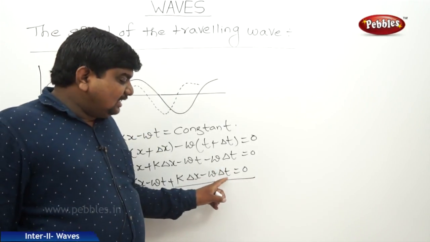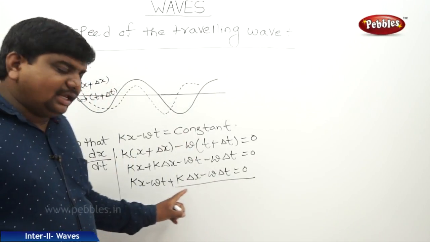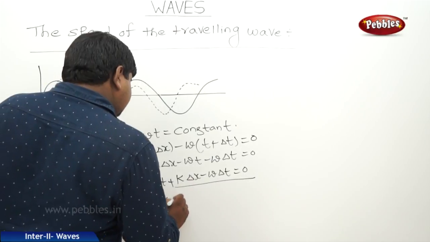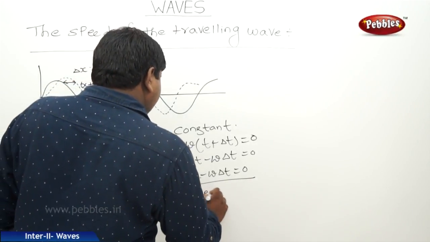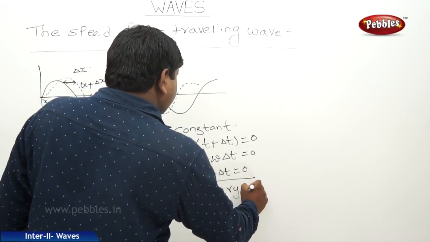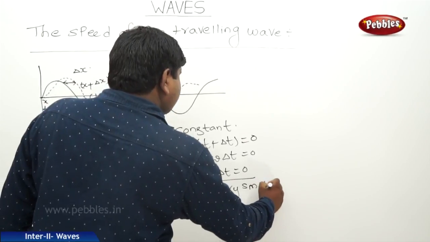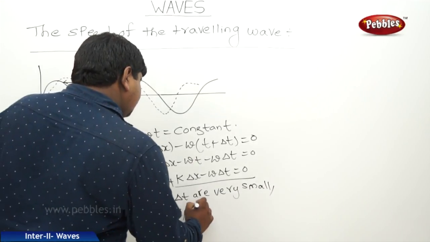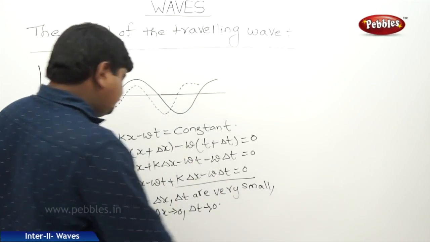If delta x and delta t are very small, then delta x approaches 0 and delta t approaches 0.